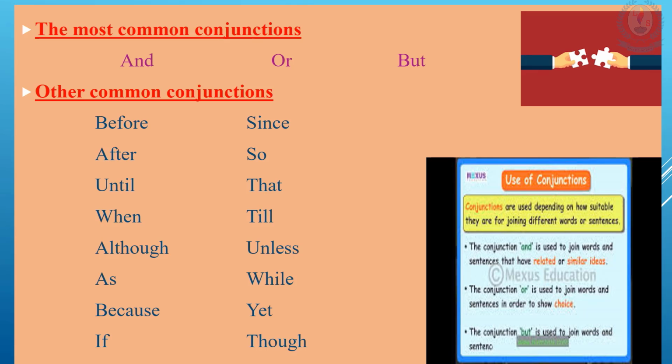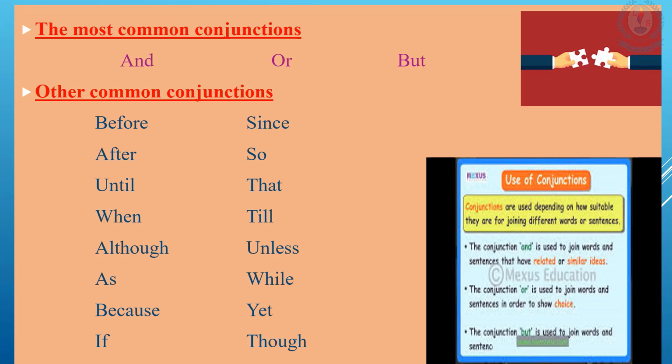In our day-to-day life, speaking and writing, we very often use conjunctions. And out of those conjunctions, the most common conjunctions are and, or, and but. So these three are the most commonly used conjunctions, and other than that, there are several other conjunctions too.